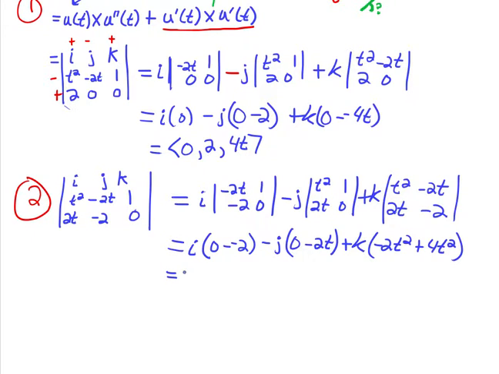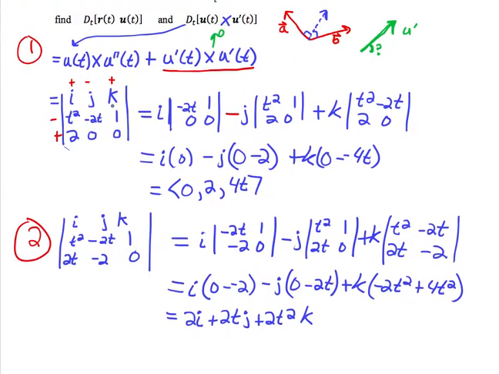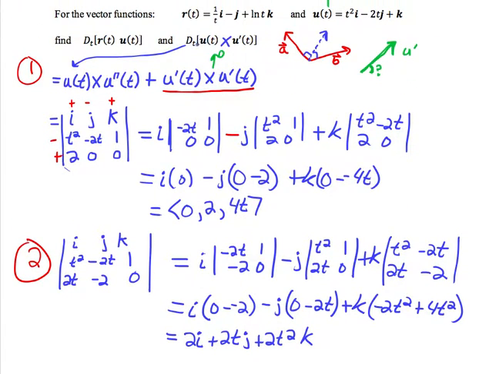So that's going to be 2i, and then we're going to have, looks like plus 2tj, and then we're going to have, let's see, those are like terms, 4t squared minus 2t squared, that's going to be 2t squared k.